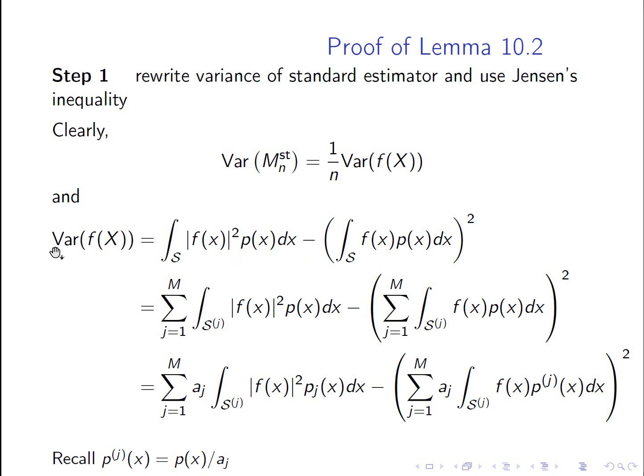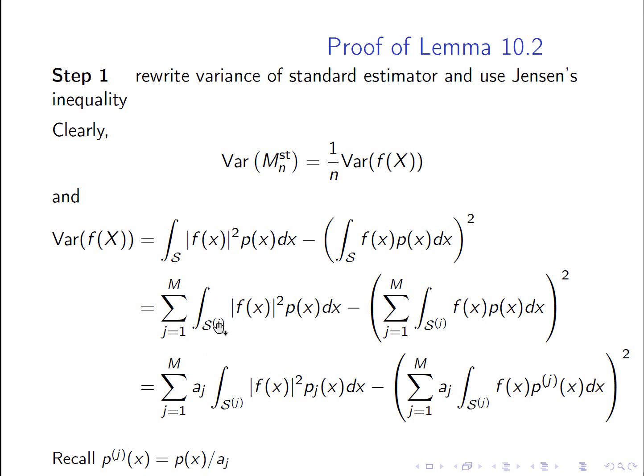So we have written the variance in this form, and then we now use the strata. The first integral we can cut down into the integrals over the S_j. We just need to sum up over all of them, and for the integral inside the square we are doing the same. So the integral of f of x p(x) is rewritten as the sum over j from 1 to M of the integral over S_j of f(x) p(x). It's just rewriting. In the next step, instead of p, we now use the conditional densities. We can do this because we are integrating over the S_j's.